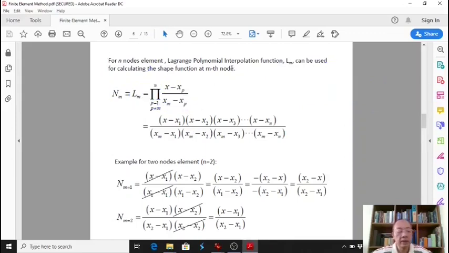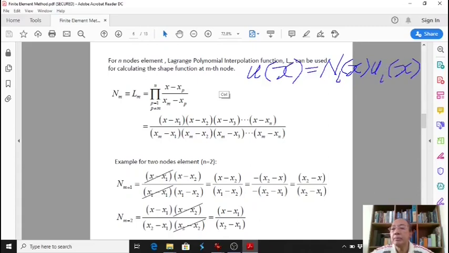From just now, we derive u of x. u(x) is equal to Ni(x) Ui, where this i refers to the node, plus Nj(x) multiplied by Uj, the nodal displacement at node j.